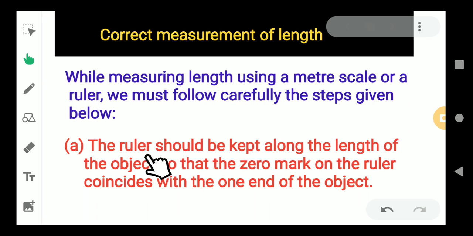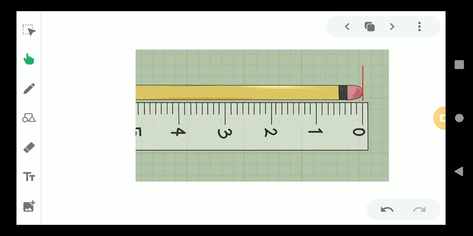First step: the ruler should be kept along the length of the object so that the zero mark on the ruler coincides with one end of the object. That means the zero mark on the ruler and one end of the object should be in a straight line.